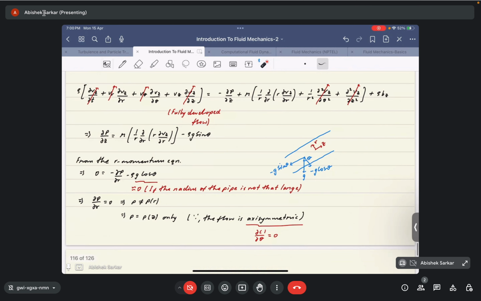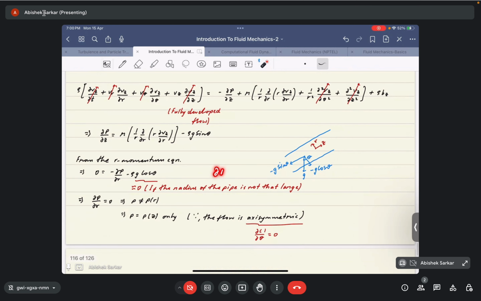So from that we will get that dou p by dou r is equal to 0, which will essentially tell us that p is not a function of r. This is also an approximation that we are taking, but which is as good as it gets. That's why it can be considered to be an exact solution.